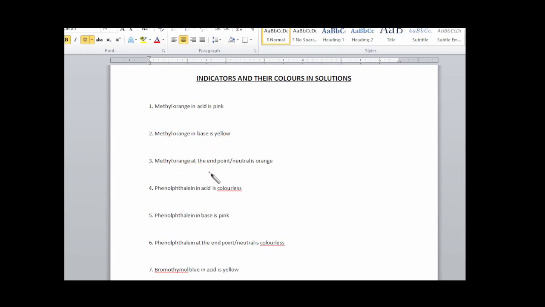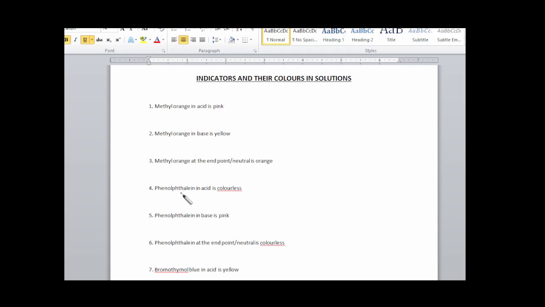And when methyl orange is dropped in a neutral substance or at end point, what you have is going to be orange. So when you are using methyl orange as an indicator, you have dropped it in your base and that's giving you yellow color. At the end point of the reaction, that is when the acid mixes with the base to form a neutral substance, you notice that there is going to be a pink color change. So that is about methyl orange.